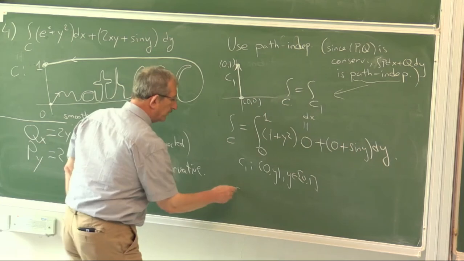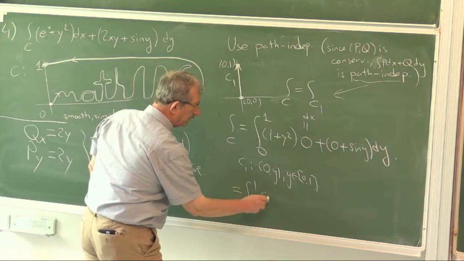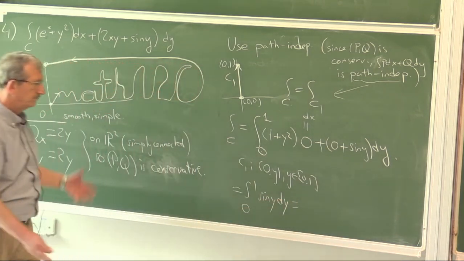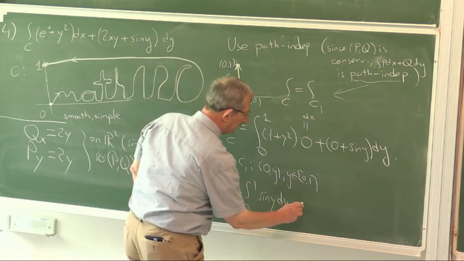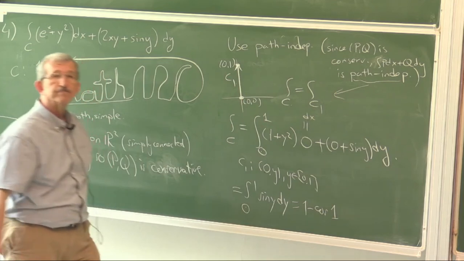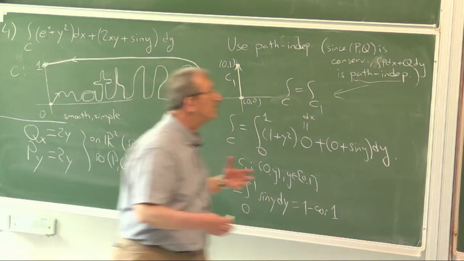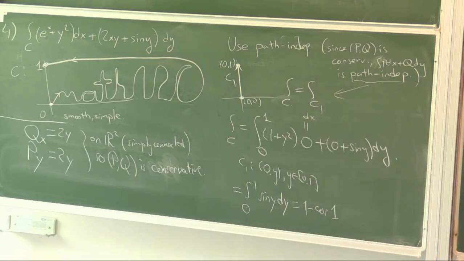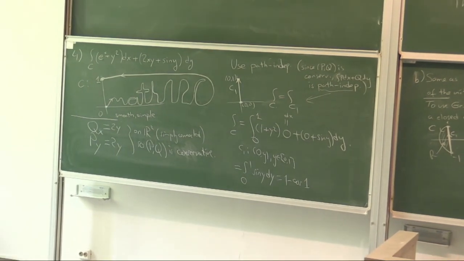So the whole integral is nothing but the integral from 0 to 1 of sine y dy, which would be minus cosine y. So that would be 1 minus cosine 1 at the end. Okay. So if we are careful about our function, this may happen to be quite easy.